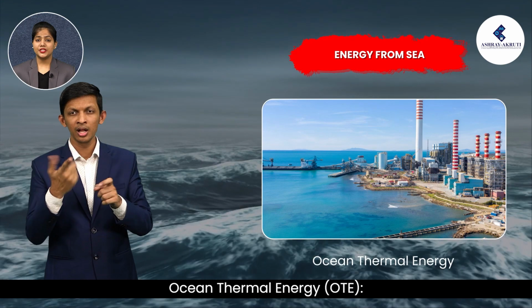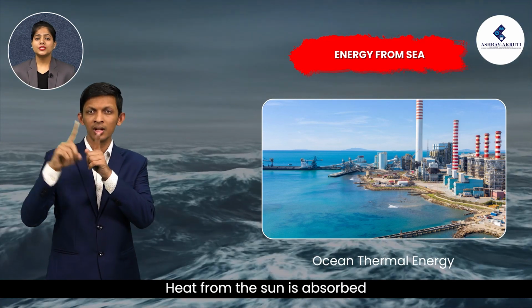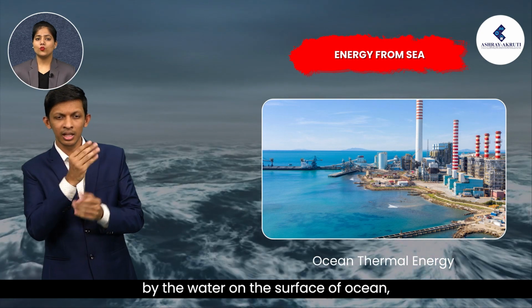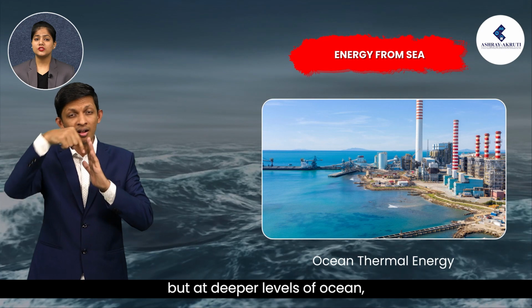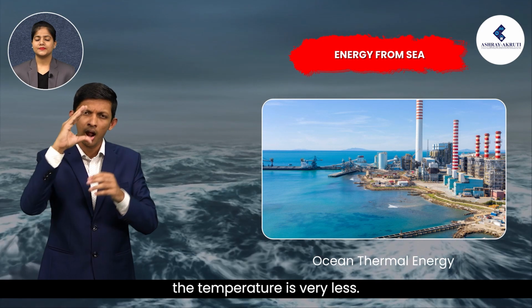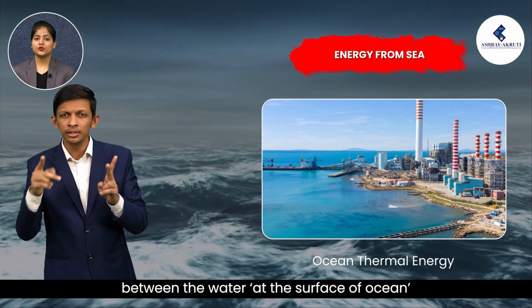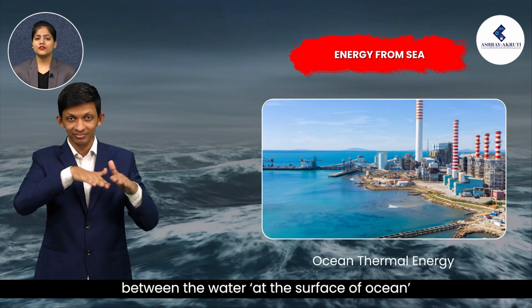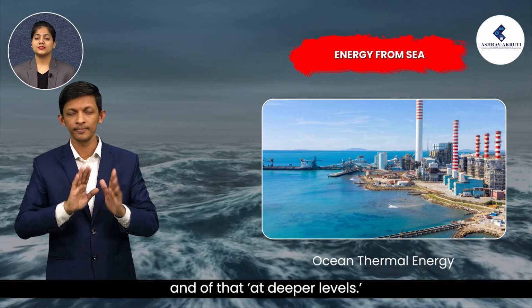Ocean thermal energy, OTE. Heat from the sun is absorbed by the water on the surface of the ocean, but at deeper levels of the ocean, the temperature is very low. So, there is a temperature difference between the water at the surface of the ocean and that at deeper levels.